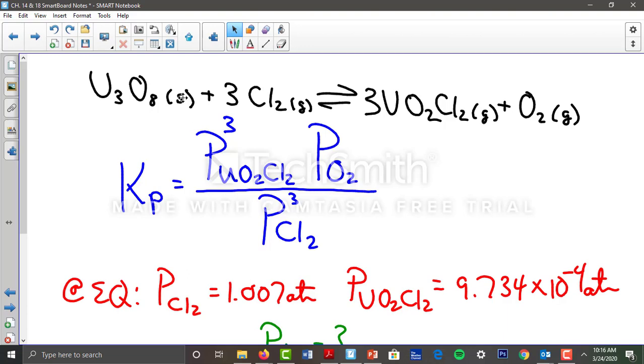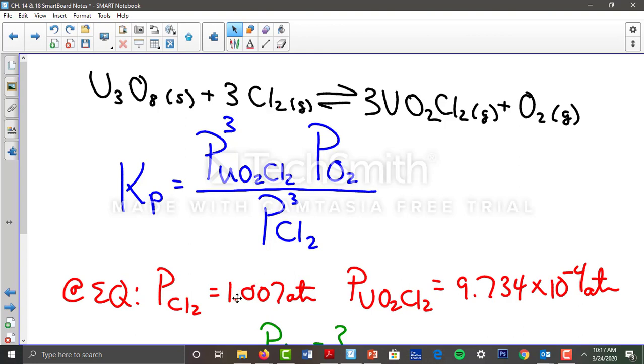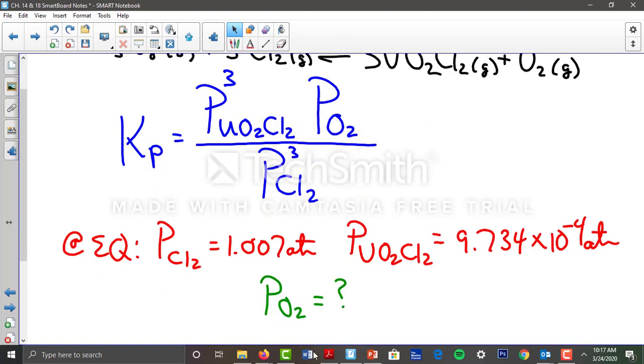Remember, solids are never included in equilibrium expressions. So at equilibrium, they tell the students that the chlorine gas had a pressure of 1.007 atms, and the pressure of UO2Cl2 was 9.734 times 10 to the negative fourth atms. They asked students two things: what was the Kp and what was the pressure of O2?